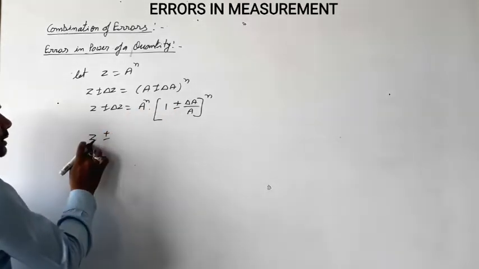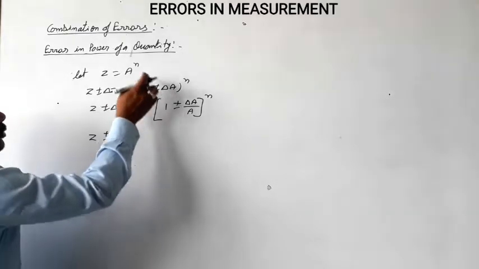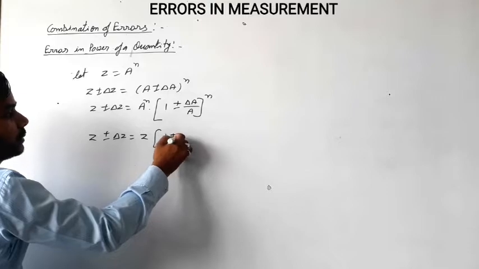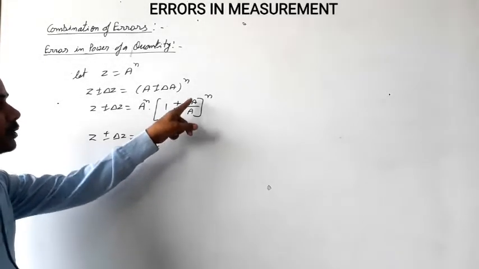Now we put the value of a^m, that is z(1 ± ...), and we apply the binomial expansion formula of (1 + x)^m.